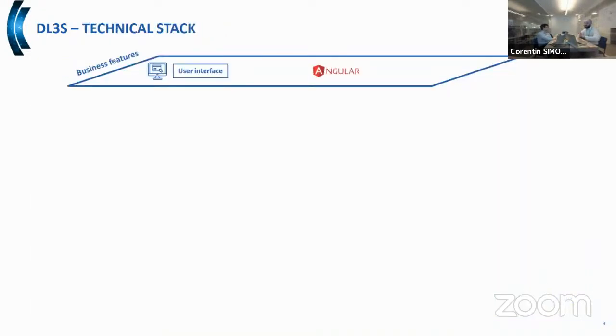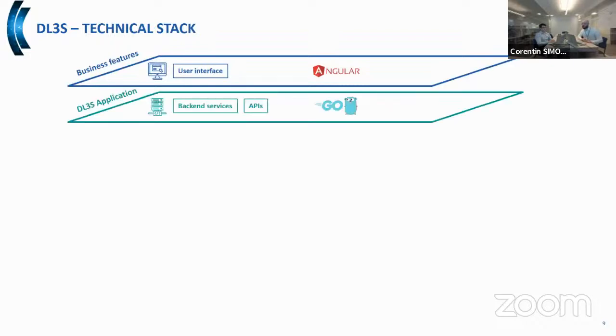So let me present you a more simplified technical stack of the application to have a better visualization of it. The first layer is the business features. It's a user interface that is built in Angular. It's a BDF interface proposal, but this one can be modified and adapted to the specific needs of the participants, for example, or integrated into their own system, thanks to the implementation of the backend of the solution.